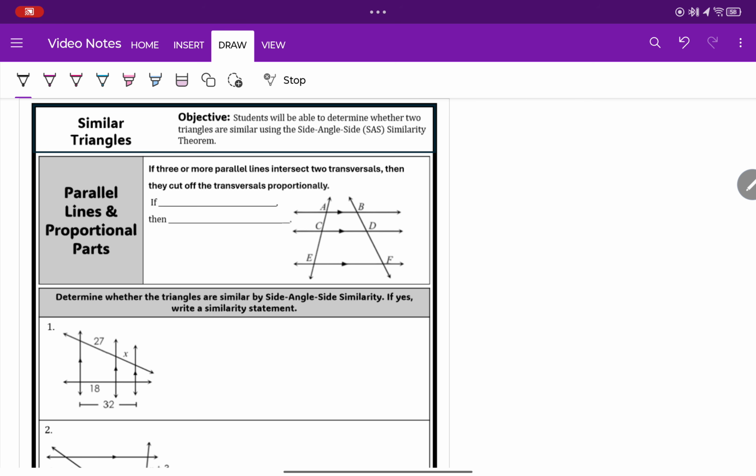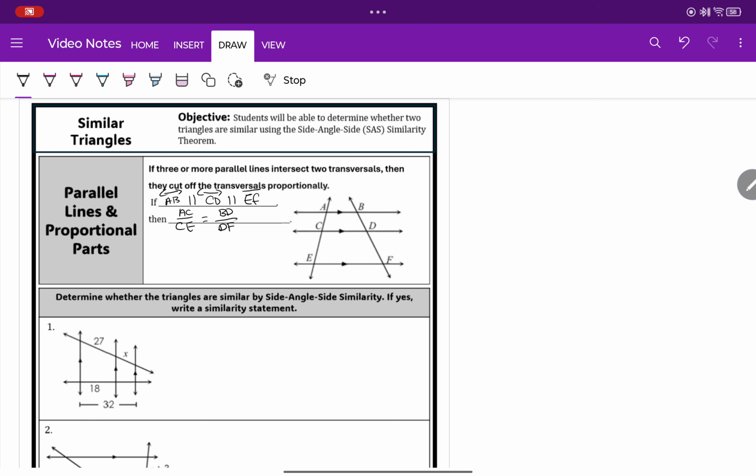Which means if line AB is parallel to line CD, which is parallel to line EF, then AC over CE is equal to BD over DF.